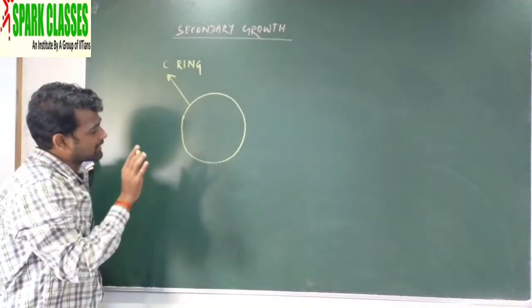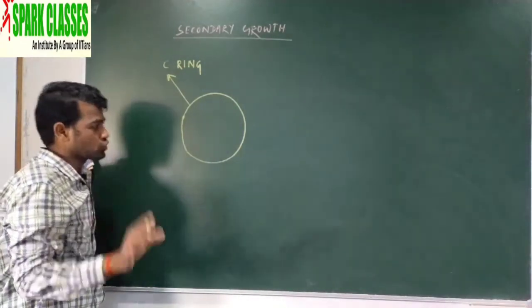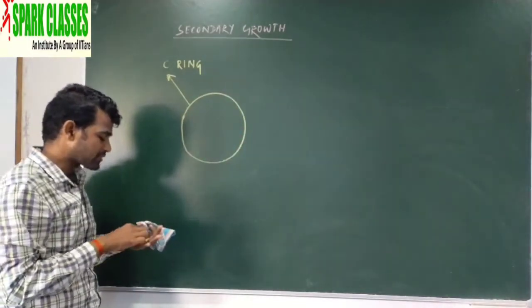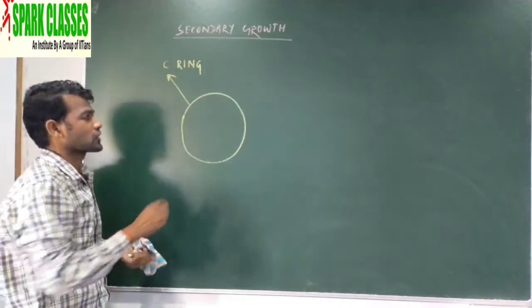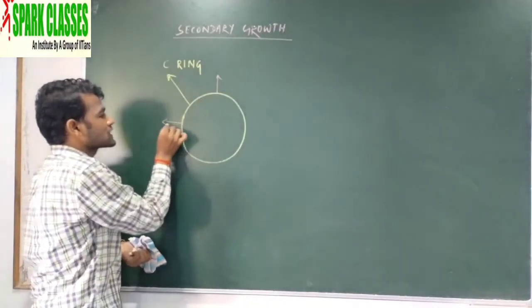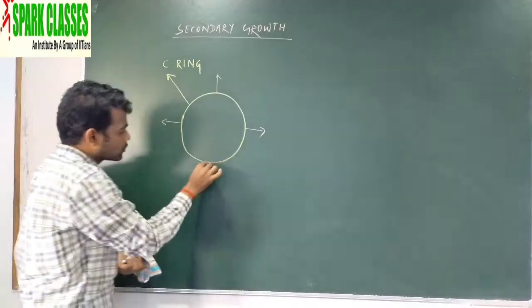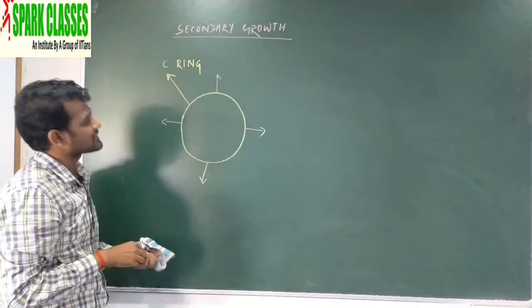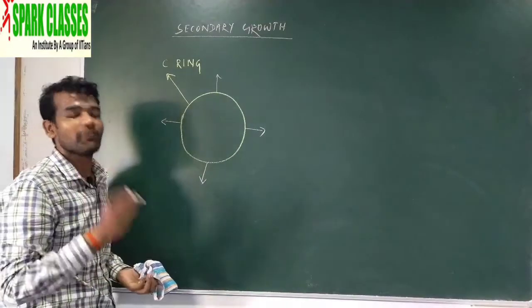When both join, it forms a ring-like structure. Towards the outer side secondary phloem is produced, and towards the inner side secondary xylem is produced in the form of layers.